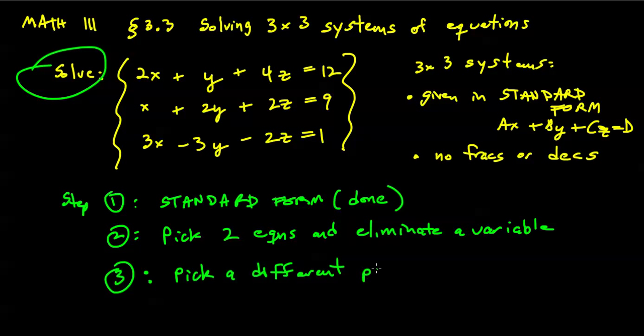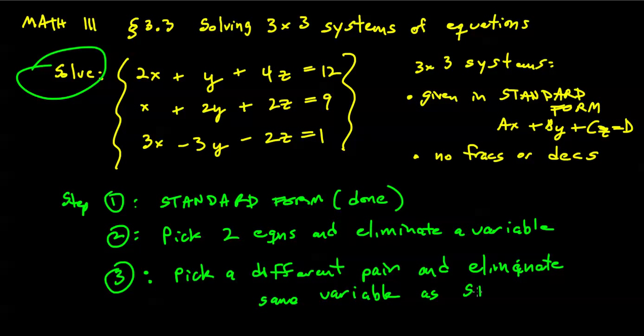Of course, one of them has to be the same because you only have 3 to choose from. Eliminate the same variable as in step 2.